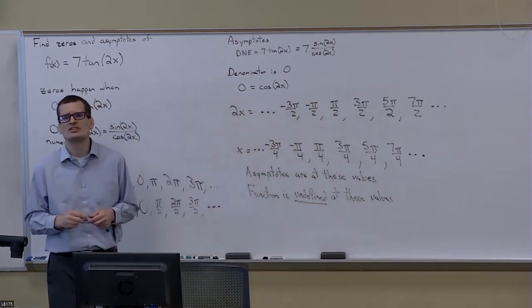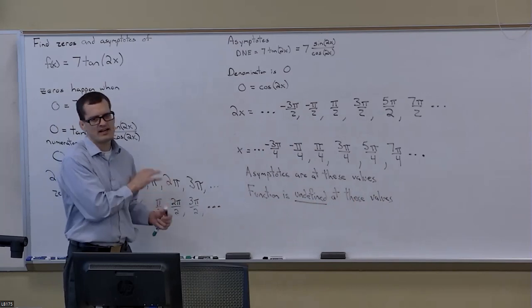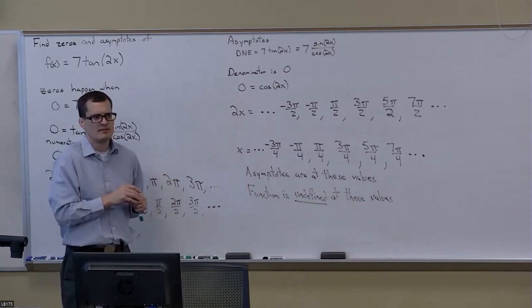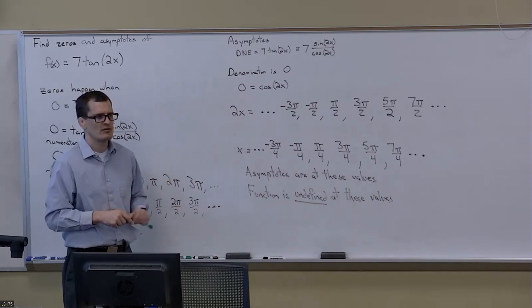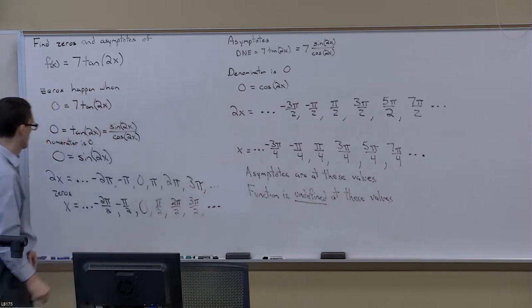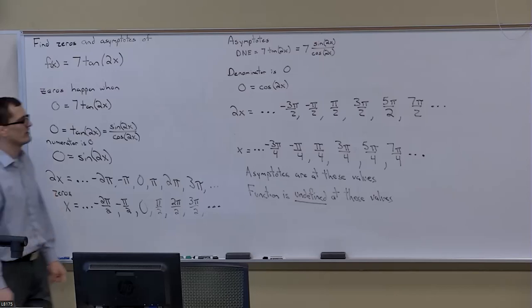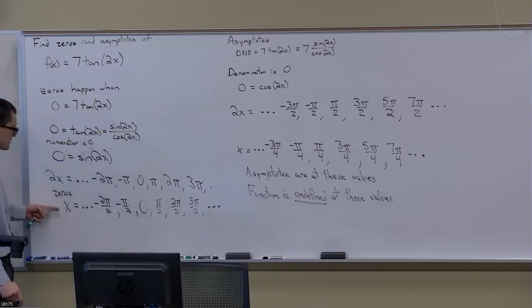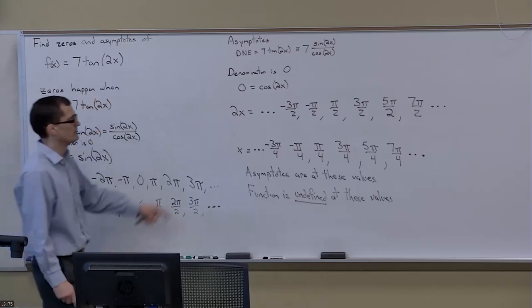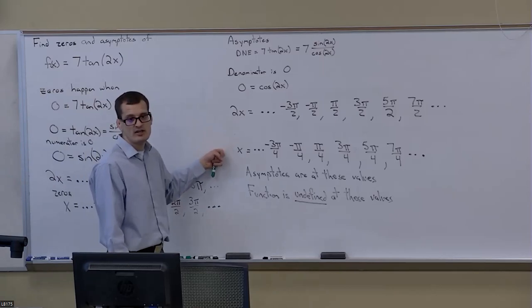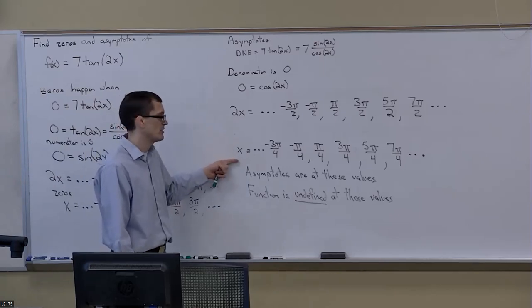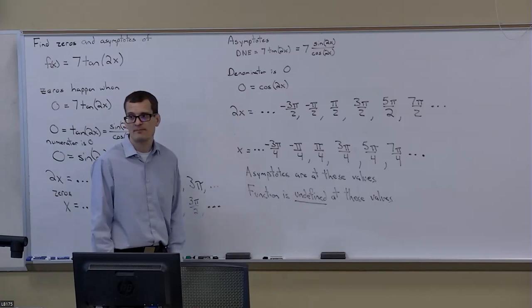Both have the same meaning, just like the zeros are here or the x-intercepts are here. So if it asks you to find the x-intercept values, you're looking for these. If you're looking for the zeros, you're looking for these. If you're looking for where the function is undefined or has asymptotes, you're looking for the same thing.